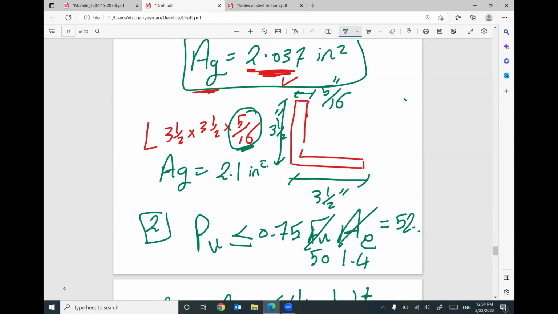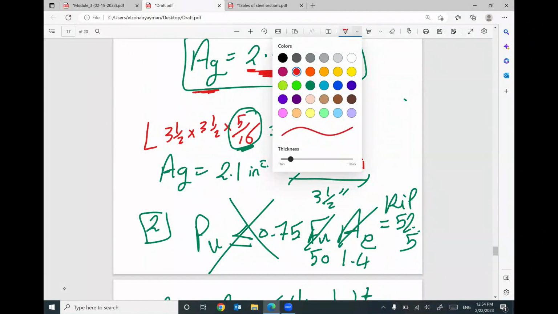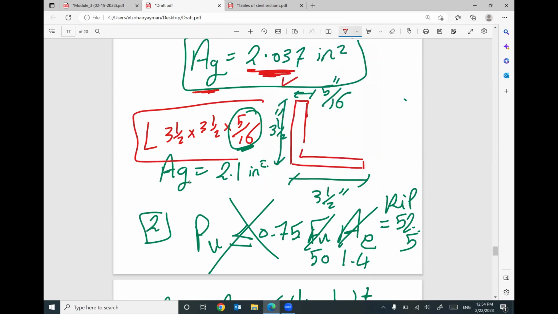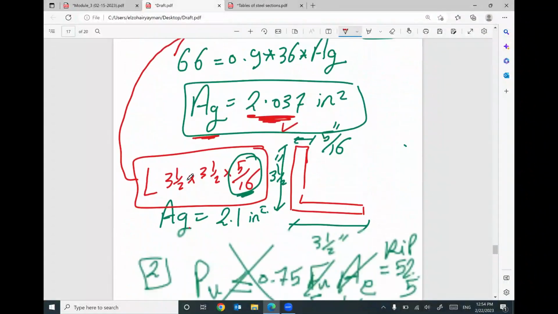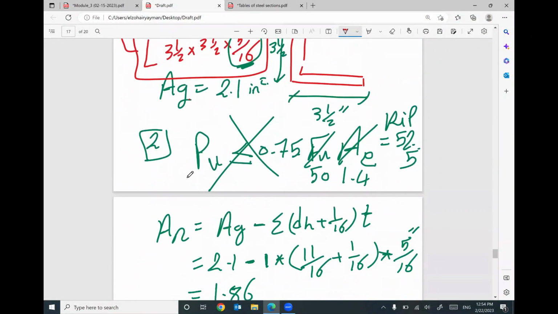Unfortunately, 52.5 kip, which is unsafe. You selected a member that satisfies this condition. But unfortunately, this member will not satisfy this condition.